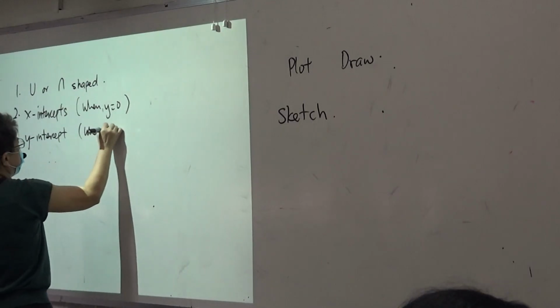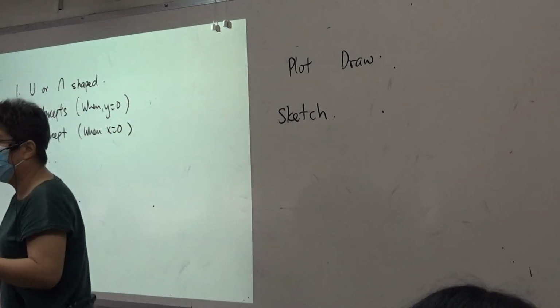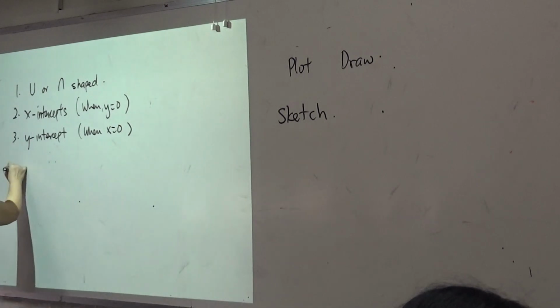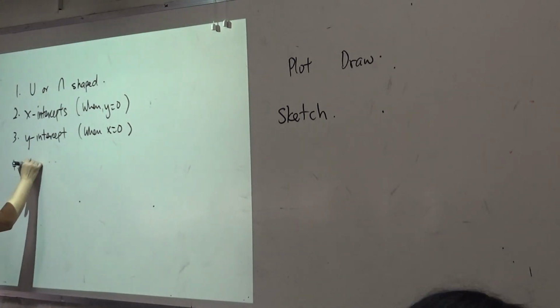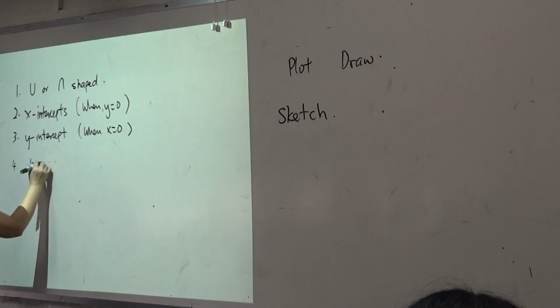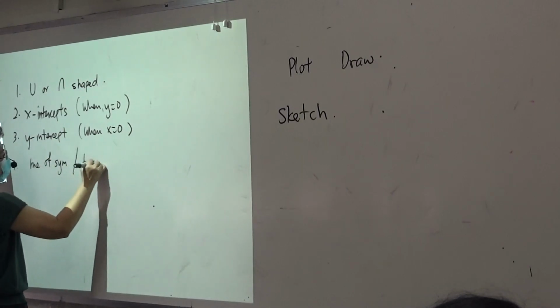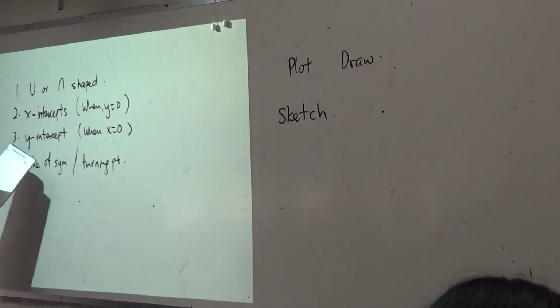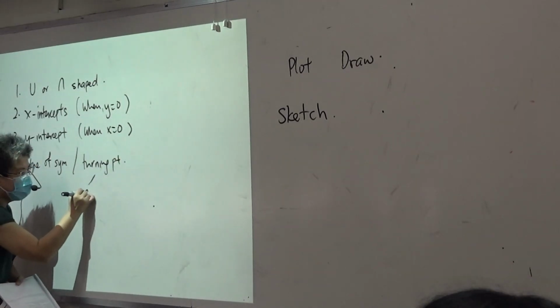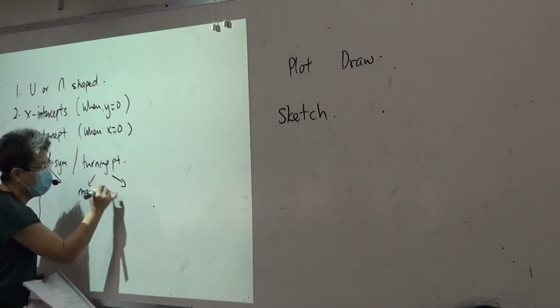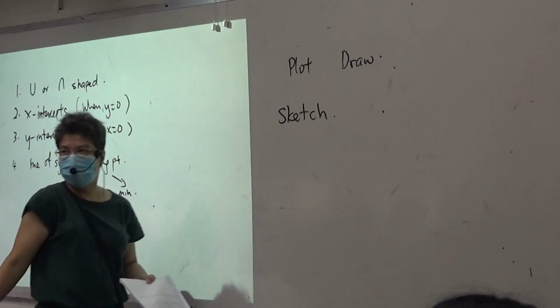Y-intercept is when x is 0. Then, the last part, you must know where's the line of symmetry or the turning point. Turning point means either the maximum point or the minimum point.